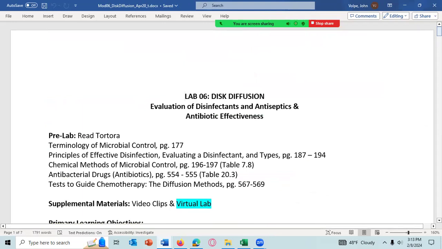Disc diffusion, evaluation of disinfectants, antiseptics, and antibiotic effectiveness. In this lab, we're going to be mainly looking at the disc diffusion method, also called the disc diffusion assay, and most of the time it's called the Kirby-Bauer method, after the two scientists who invented it.